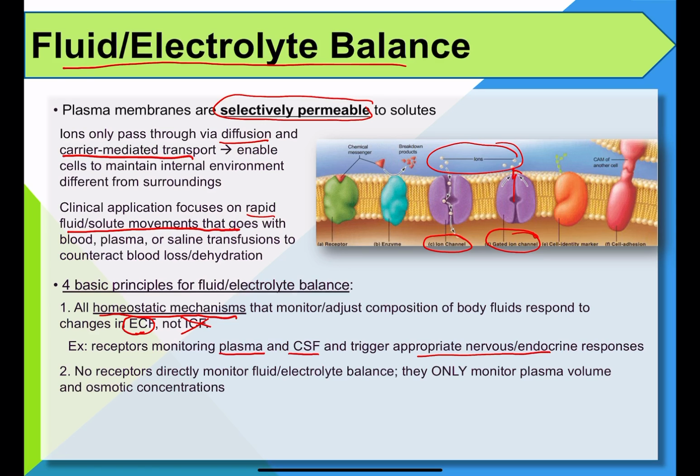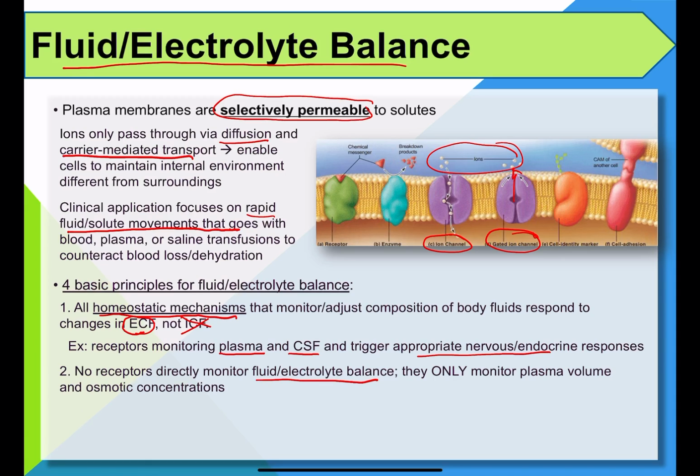Second point is that there are no receptors that directly monitor fluid and electrolyte balance. There's no cells in your body that measure the exact amount of sodium ions or the exact amount of calcium ions in your body in milligrams per liter. That is something we can do with blood tests, but in your body naturally there is nothing to monitor that.